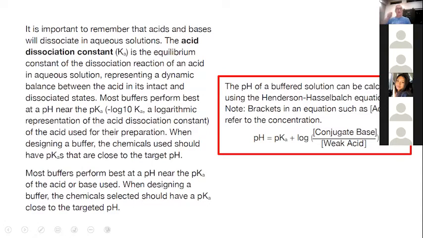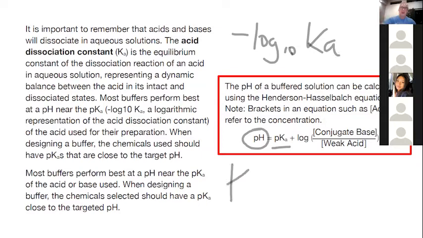So this should be sort of an old friend here, because this is the good old Henderson-Hasselbalch equation again. And so remember that with a weak acid, the pH is equal to the pKa of the weak acid. And remember, pKa just means minus log base 10 Ka.